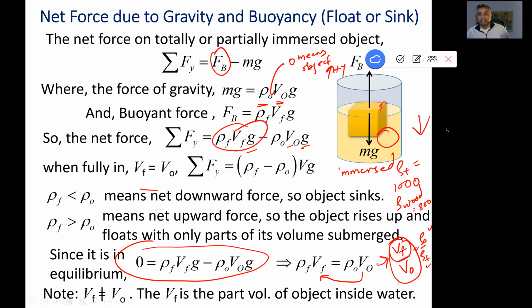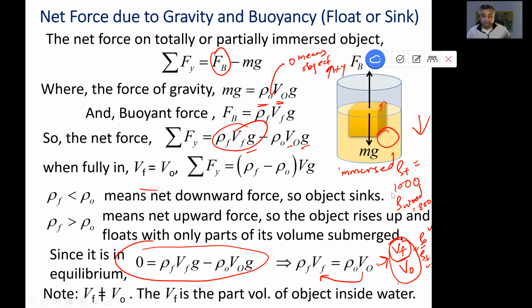Now we can make use of that and calculate. For example, if you don't know the density of something that can float, you drop it in the water and find what fraction of the volume is inside, and with that you can calculate the density of the object if you know the density of the fluid. If you are using water, you know its density, right? So that's how you can practically find the density of objects.